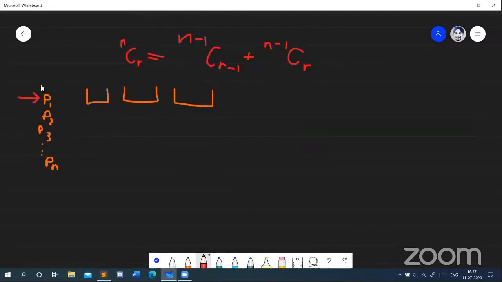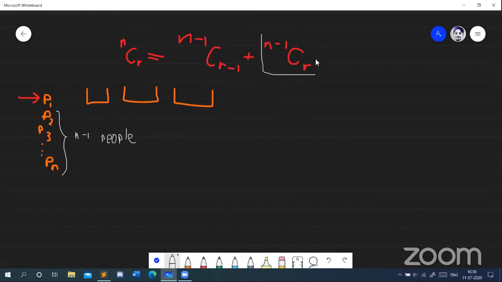Person 1 is either a part of our team or he is not a part of our team, right? These two events are disjoint. So in how many ways can I form the team of r people from n people such that person 1 is not included? The problem reduces to looking at these n minus 1 people, and choosing r people from here, because the team still has to be formed out of r people, right?